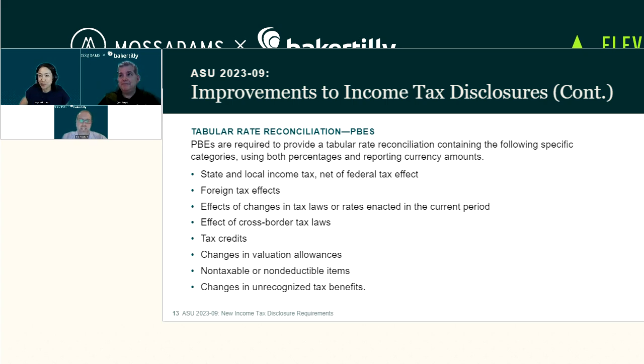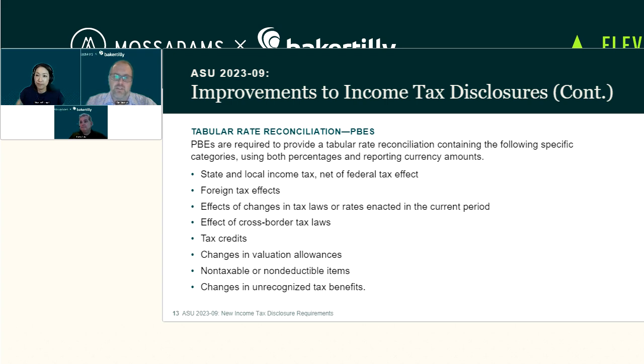So, as we noted previously, public entities are required to provide this updated tabular rate reconciliation disclosure. It's required to show both the amounts and the percentages. So really, the first step you'd want to take as you're going through this and trying to break it out is to know what the threshold amount is, because some of these topics require further disaggregation.